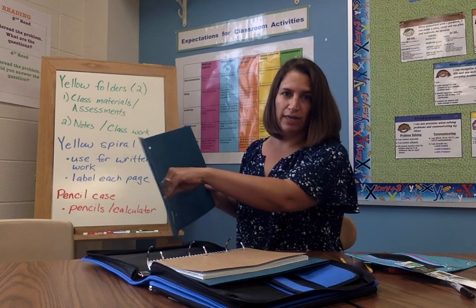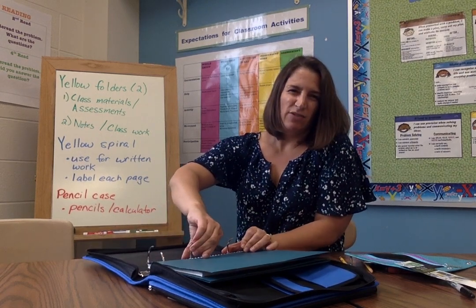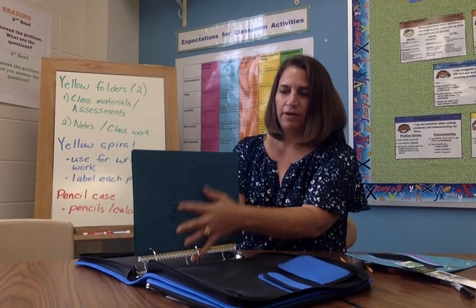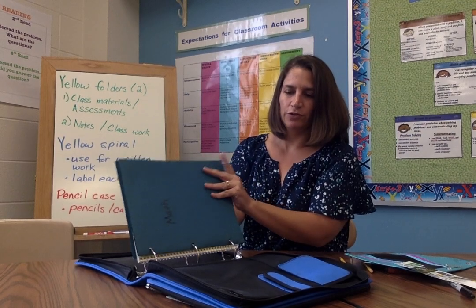Those are all going to go in this notes section. And then classwork could be worksheets or other activities that we do in class that aren't scored. You will score them yourself, but they're different from assessments in that I'm not going to score them for you. Okay, so that's this part, folder, spiral, folder.